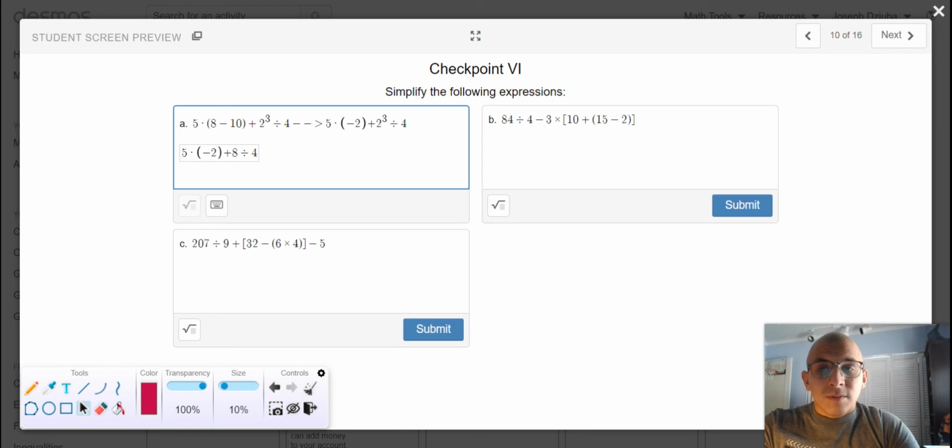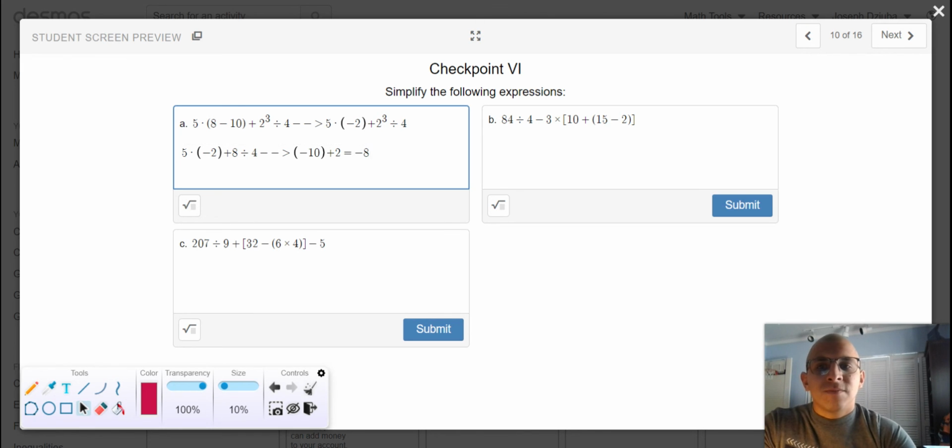As I said before, when we have multiplication, division, and or addition and subtraction all in the same statement, we want to complete those operations from left to right. So I have multiplication first, to which I would follow with division. 5 times negative 2 will yield a negative 10, plus 8 divided by 4 is 2, and negative 10 plus 2, well, that we can definitely write an equal sign for.